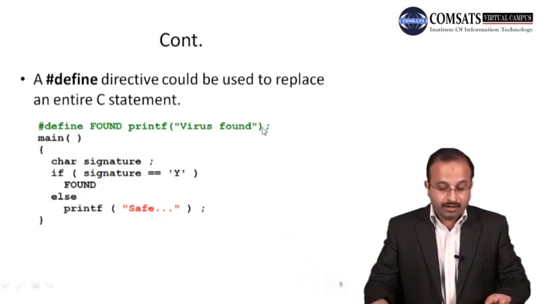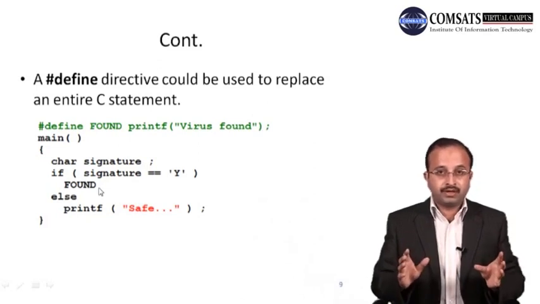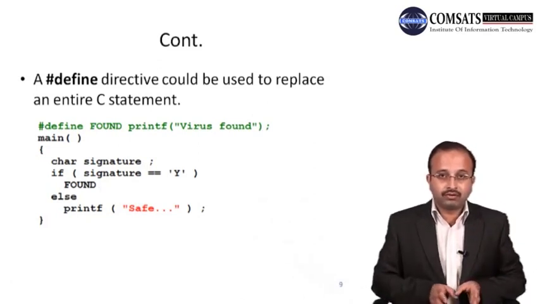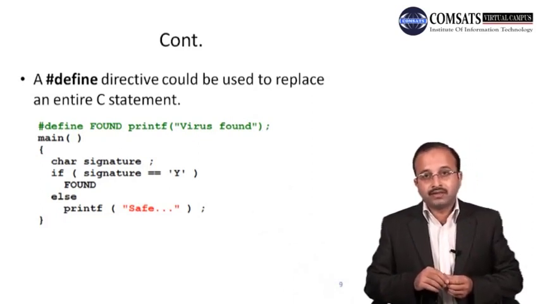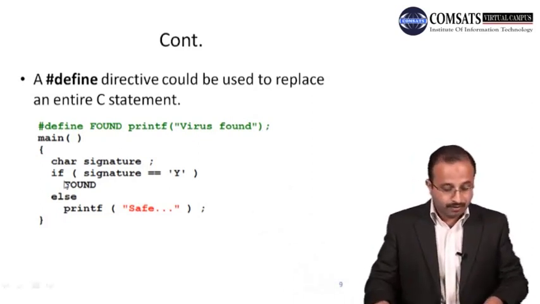So wherever it finds the macro call in the code, in the preprocessor phase, it will replace it with its expansion. For example, it found the macro call over here, right? So in the preprocessor phase, this found will be replaced by its expansion, and its expansion is printf virus found semicolon. That is its expansion.